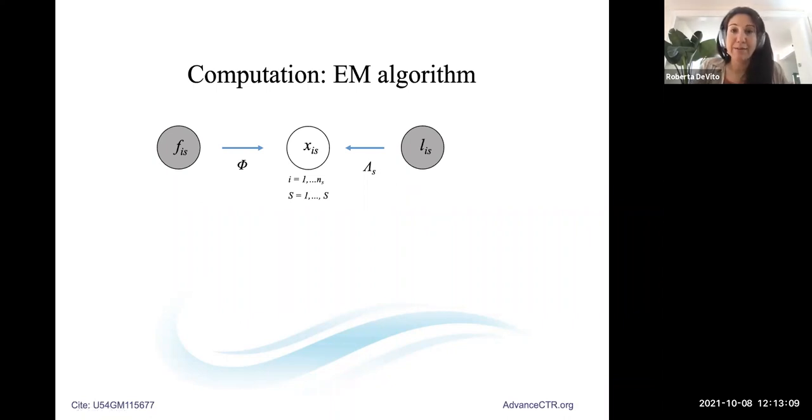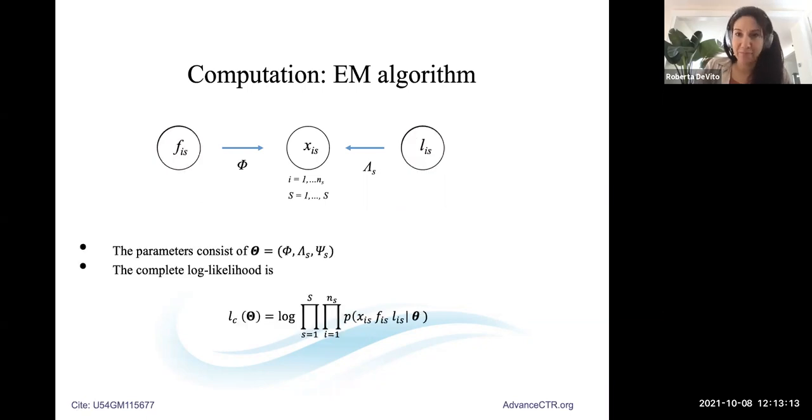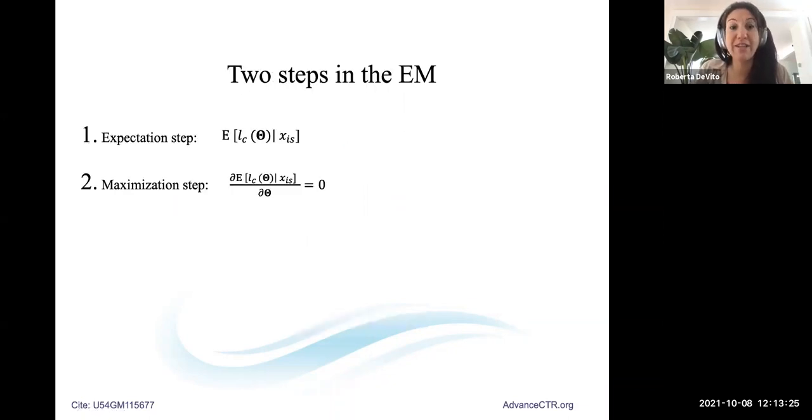And so the EM algorithm proceeds in this way. Suppose that you observe these 2 components. Then we can write the complete log likelihood in this way, and we can iterate this EM algorithm. In the first step, we have the expectation step, that is the expected value of the complete log likelihood. And the second step is the maximization step.